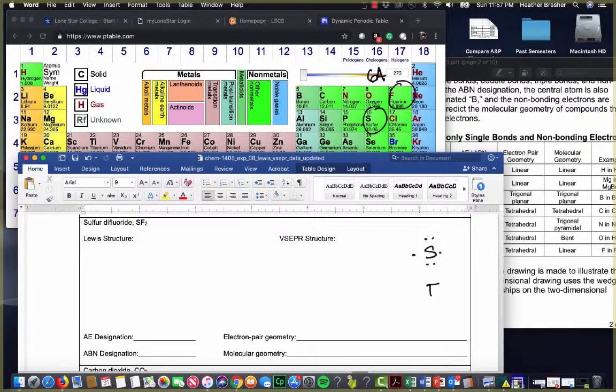And fluorine is going to be 7. So these guys can form 2 bonds, where he can form 1. So the sulfur is going to be my central atom. And then I have 2 fluorines.